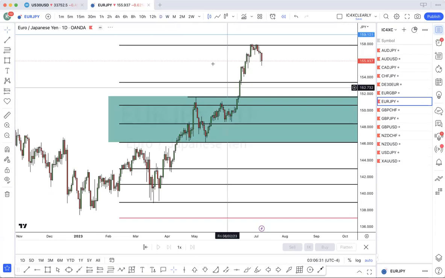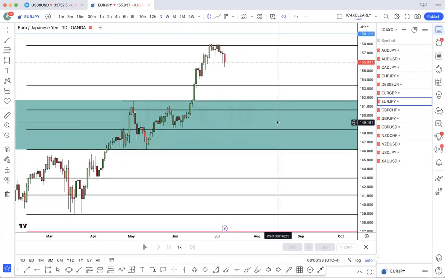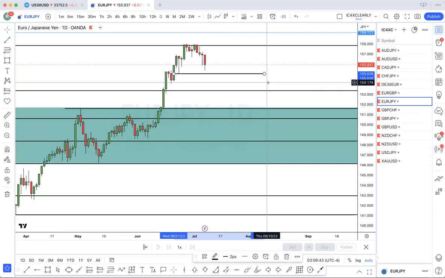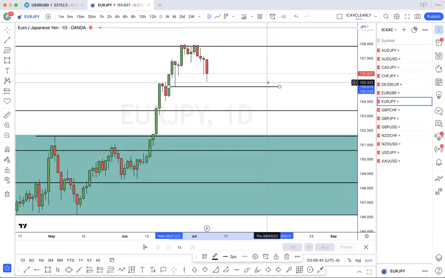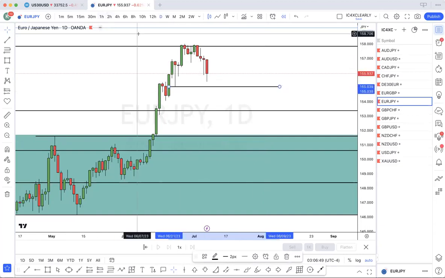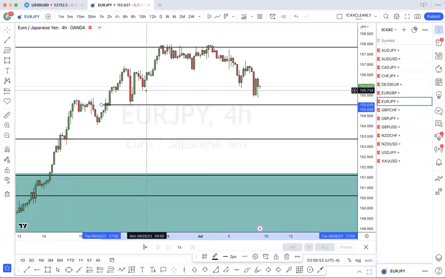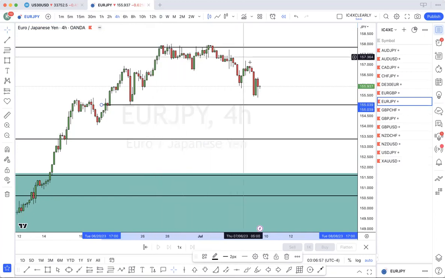Let's go to the daily. I would like to see it break this level of structure first. Go to the 4-hour. As this was the last push up, price can pull back.